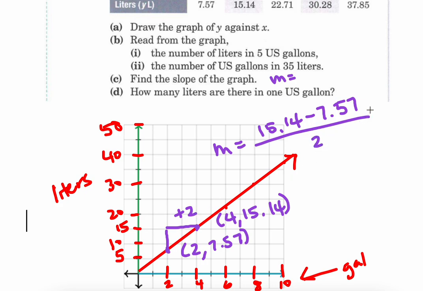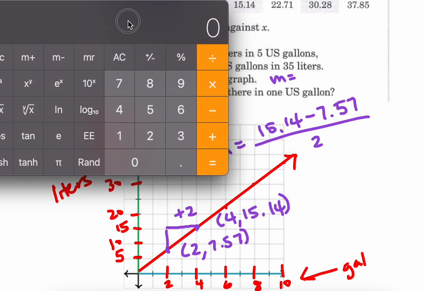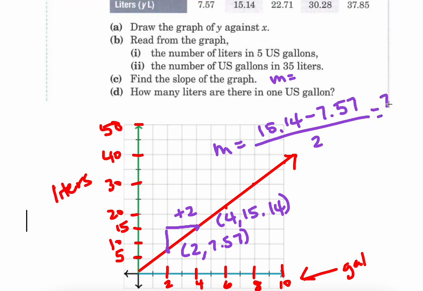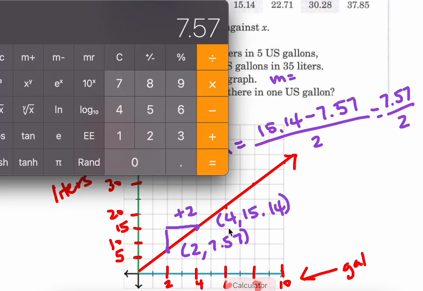But I do need to figure out this answer, so I'm going to use my calculator. 15.14 minus 7.57, which is 7.57. Then 7.57 divided by 2 will get me my answer, which is 3.785.